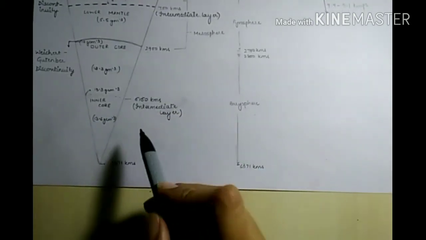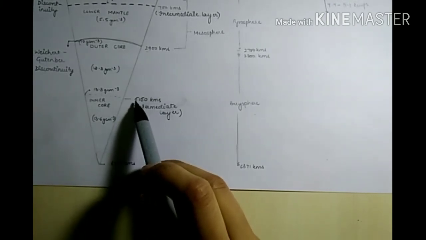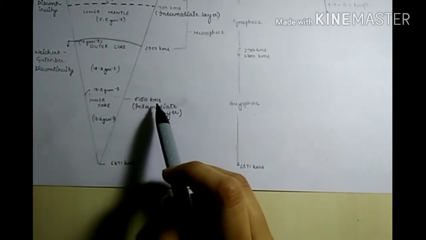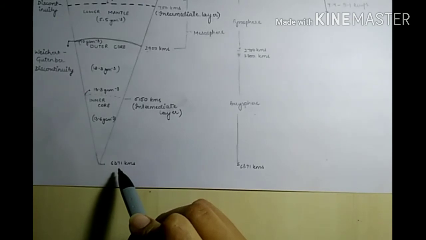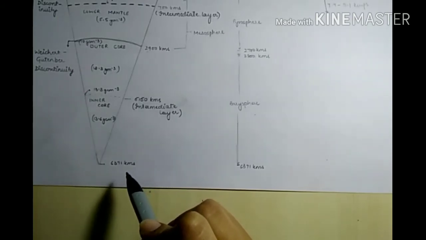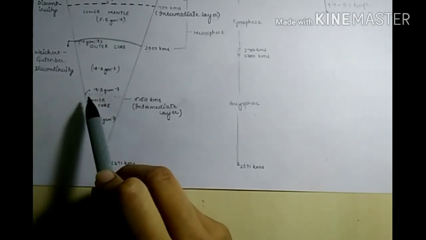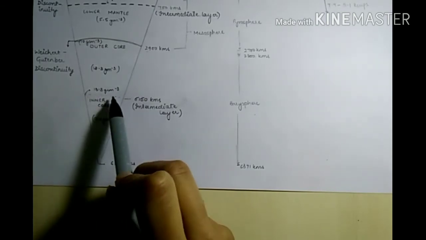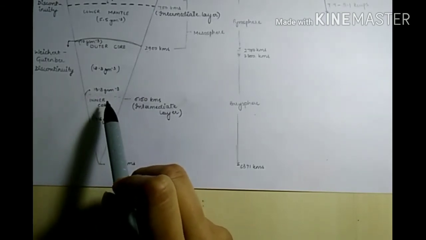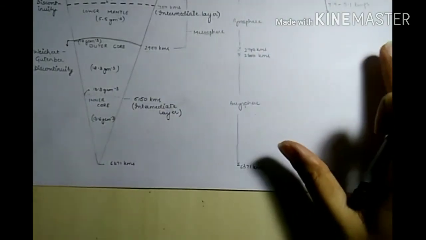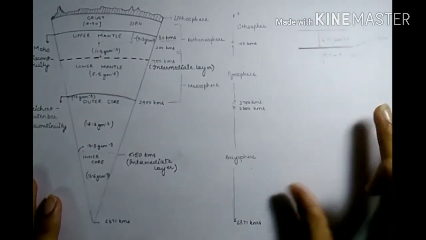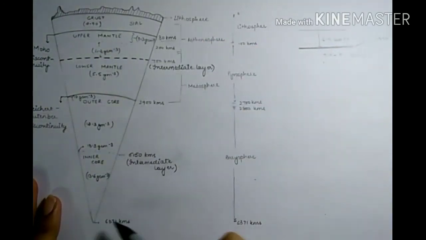The inner core ranges from 5,150 kilometers to 6,371 kilometers, and the density at the intermediate layer is 13.3 gram per centimeter cube. So this is the whole physical interior of Earth. This is the physical condition.